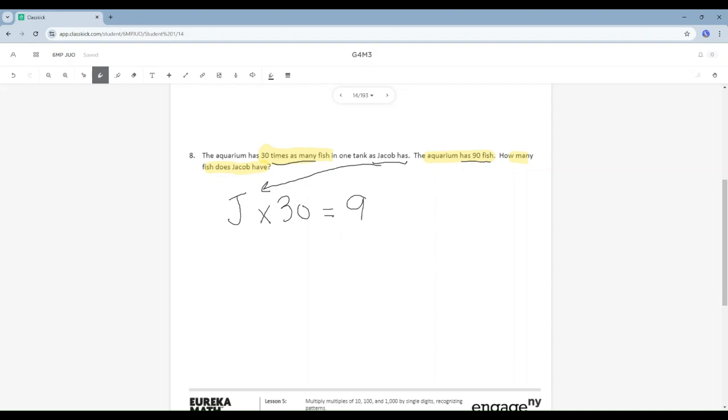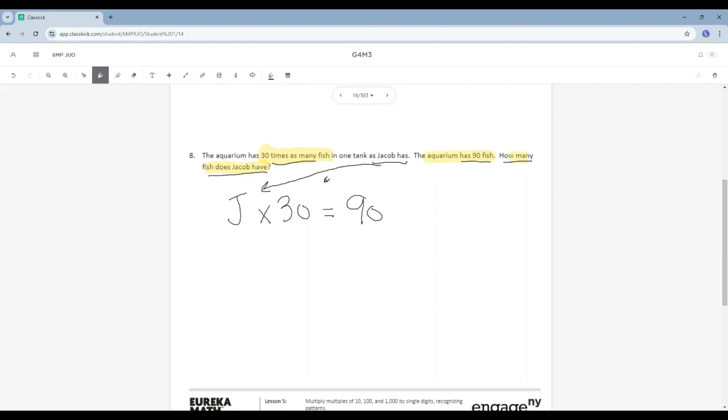So the amount of fish that Jacob has times 30 is going to be the amount of fish that the aquarium has, which is 90. We're solving for how many fish Jacob has. So something times 30 is equal to 90. So here I need to think about what I would multiply by 30 to get 90.